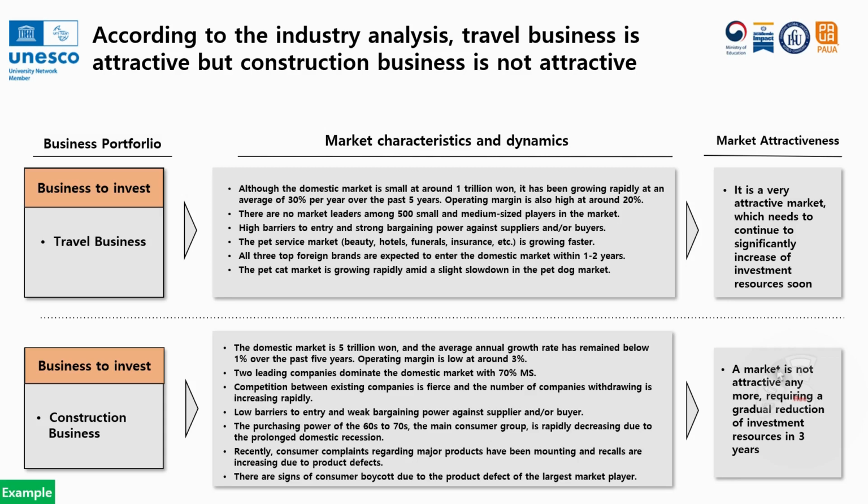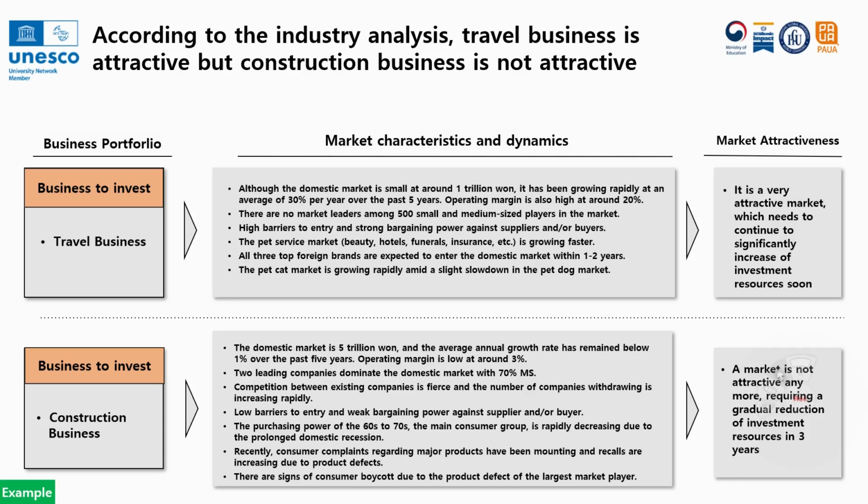That's a good sign, because a big market is better for investment, right? But the average annual growth rate of the domestic market has remained below 1% over the past 5 years. That means the industry is not growing so fast, so it's not an attractive market.